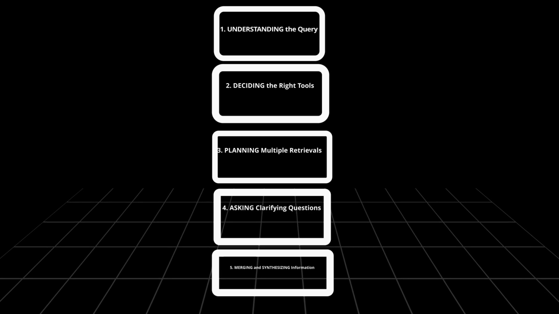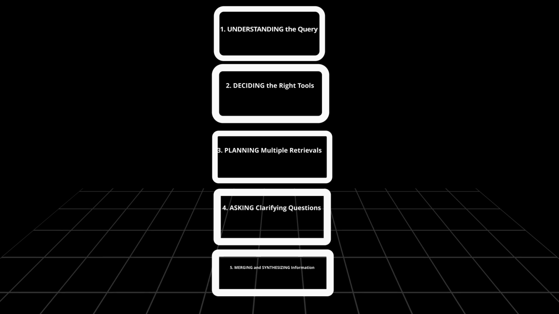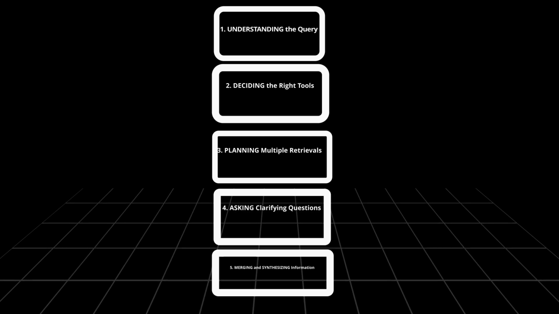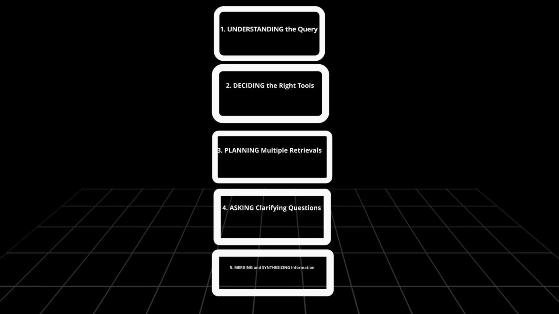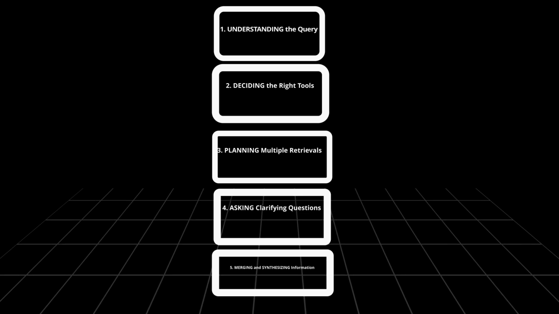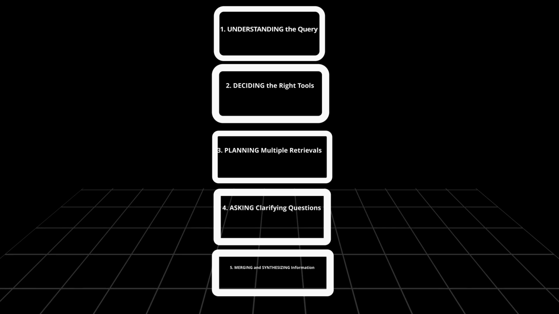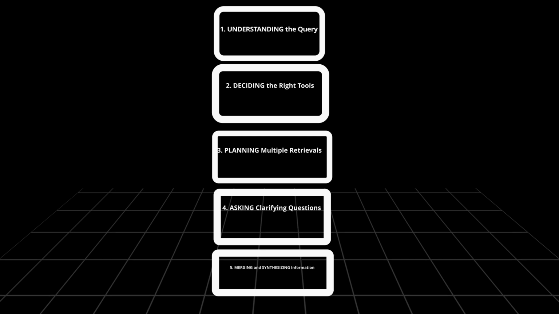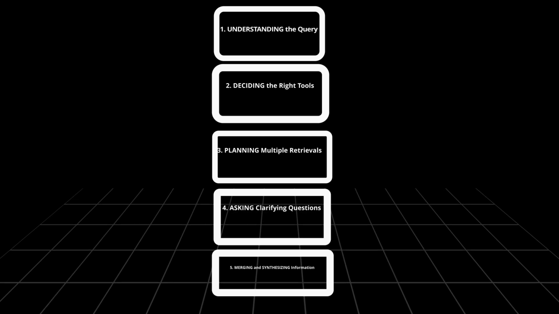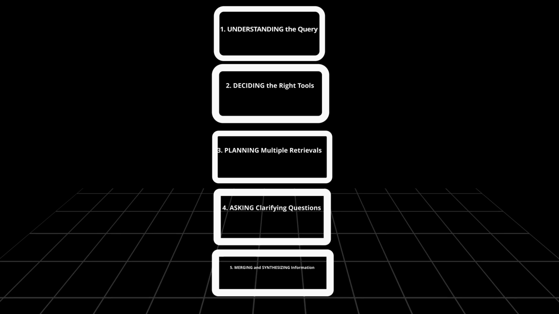Next, planning multiple retrievers: the agent plans to search the holiday return policy, search shoe return terms, and cross-check for any exceptions like gift purchases or clearance sales. Then, asking clarifying questions if needed. If the agent finds two possible policies, one for the holiday sale, another for clearance items, it might ask, was your shoe order marked as clearance during the sale? This way, it avoids giving a wrong answer.